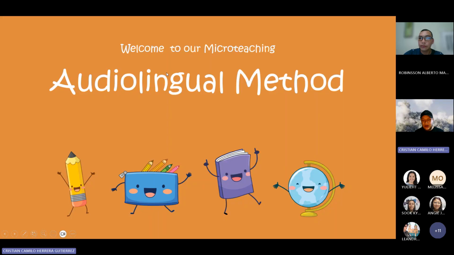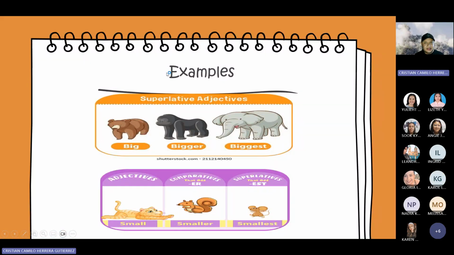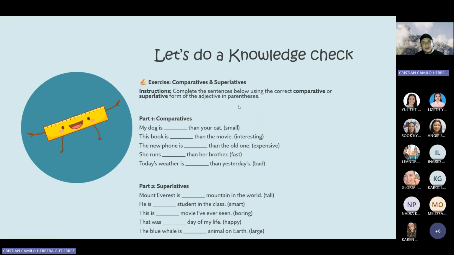Okay, guys. So we are going to continue the activity, doing like a knowledge check prior to the explanation that my teammate made. So we're going to see how our knowledge is developing in these activities of comparatives and superlatives. I'm going to ask Lorenzo Sarabata if he can answer those first two questions here.